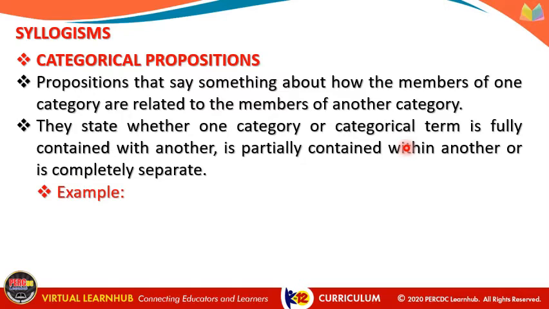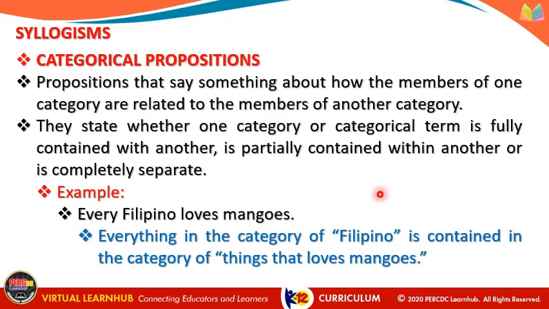Let's say you have this one. Every Filipino loves mangoes. Now, we have two categories here, Filipino and those that love mangoes. Now, what does this proposition mean? This proposition says that everything in the category of Filipino is contained in the category of things that loves mangoes.